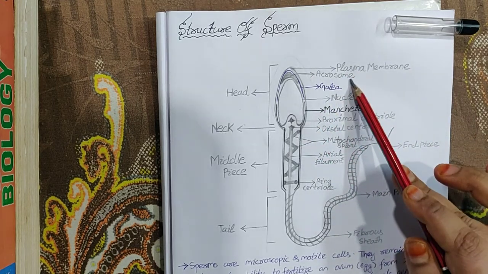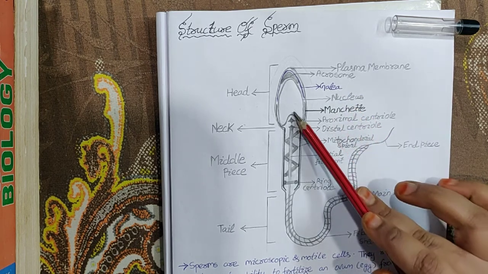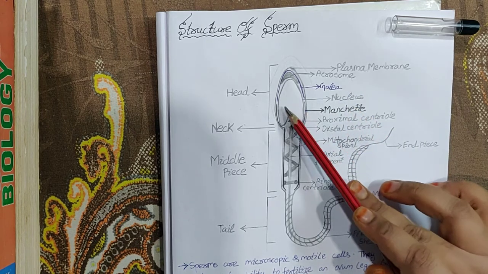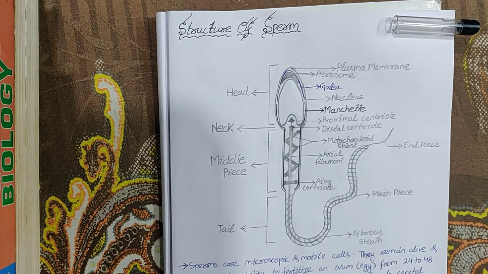So this is the work of the acrosome. Next, the nucleus contains all the DNA, the main part of the sperm, containing the DNA which is required.